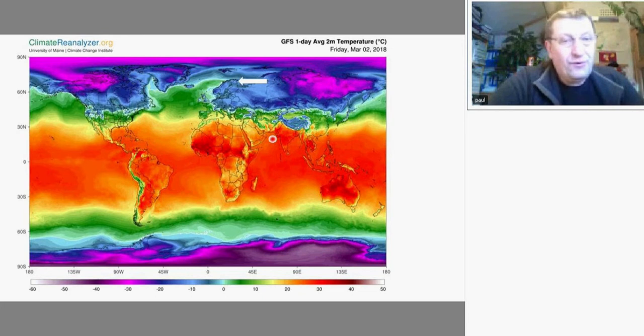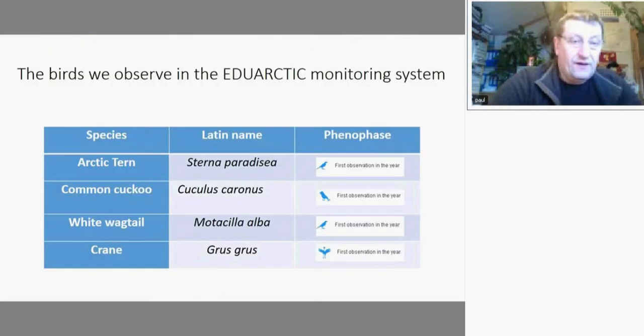More or less. Some birds have to stay in the north during the whole winter, and some only migrate a little bit, and some birds migrate further, and even some of them longer. Some of the species we have selected for EDUARCTIC migrate quite long, though not necessarily, but they are of interest.